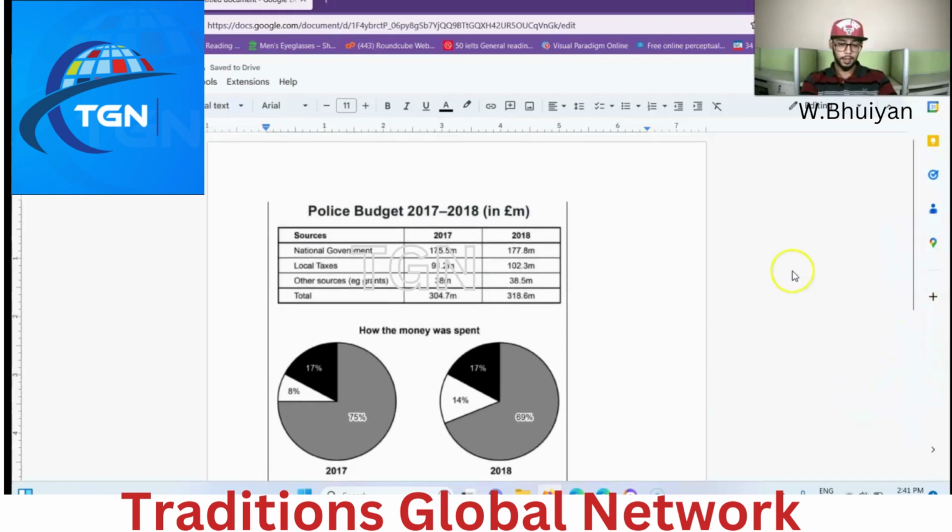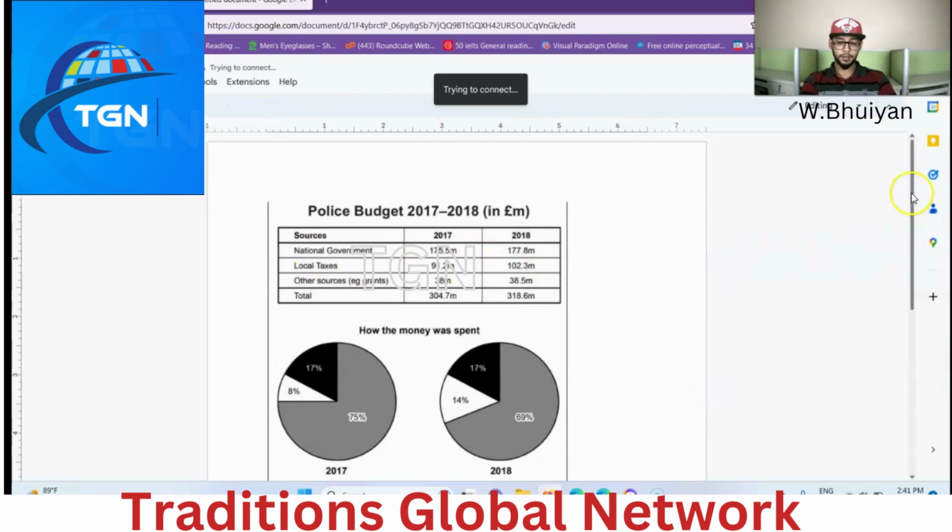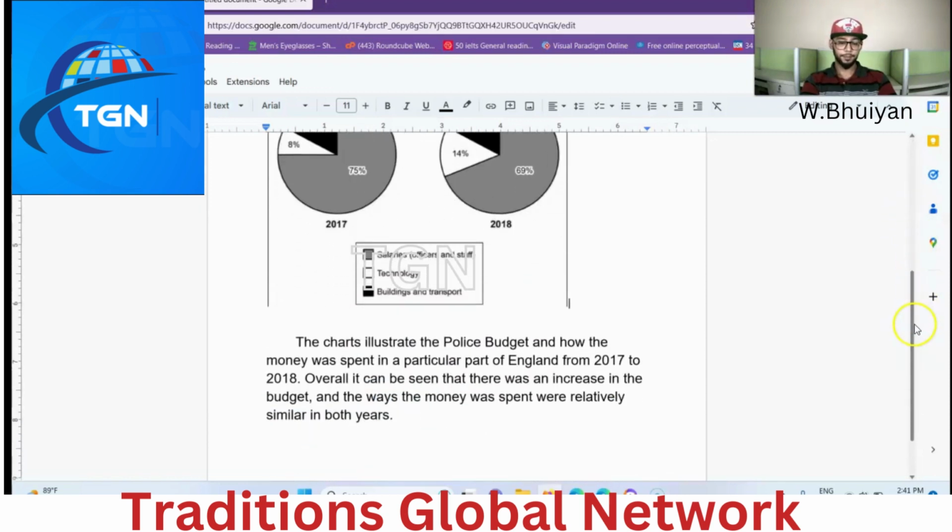All right. So national government went from 175 to 177.8. That's a 2.3 million pound increase. Okay, 175.5 to 177.8.